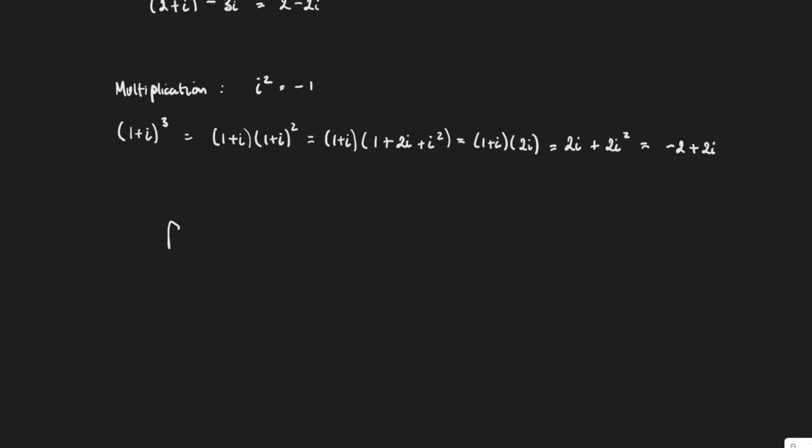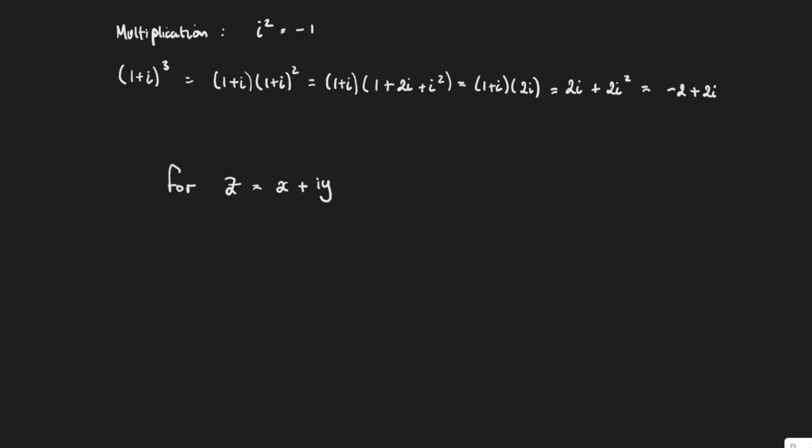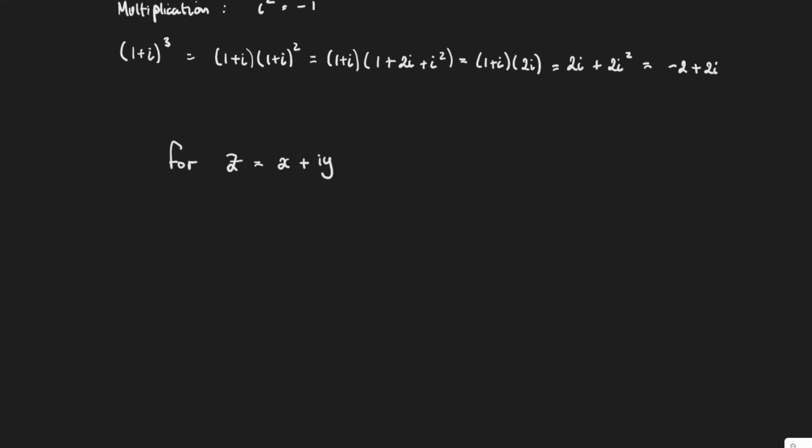So consider the complex number z equals x plus iy. I've already shown you two of these terms, so the real part, Re(z), denotes the real part of the complex number, which is the x part, or the x coordinate.